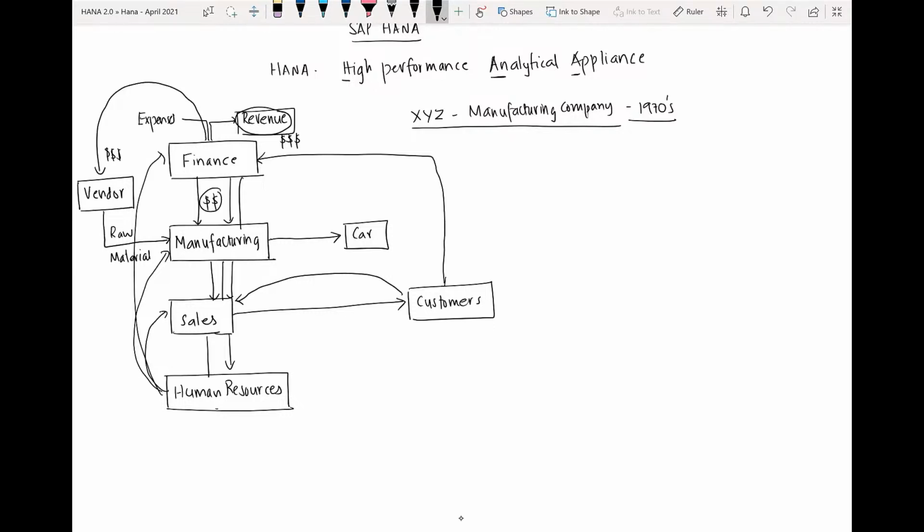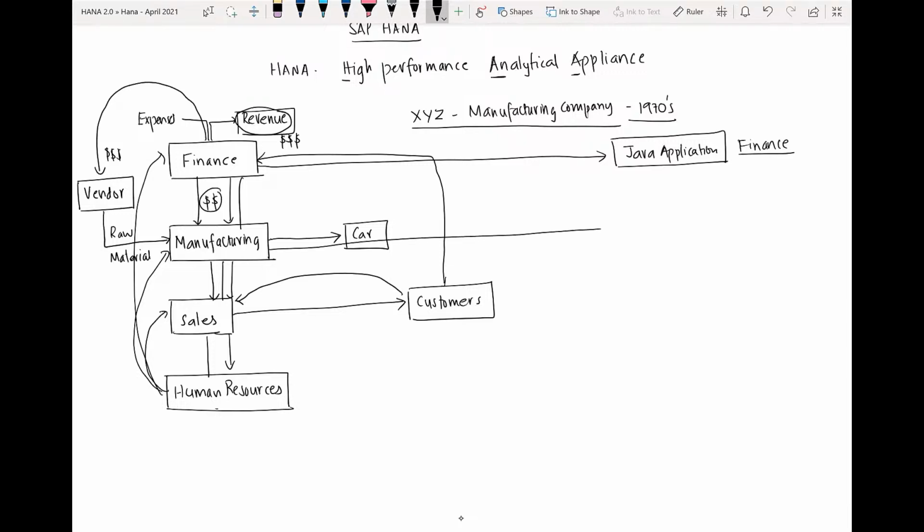Let's assume that the finance team used to run all their information, just to give you a hypothetical example, using a Java application. Maybe Java did not exist at that point, but just to give you a picture of what used to happen, all finance related information was maintained in a separate application. Let's assume it was Java.